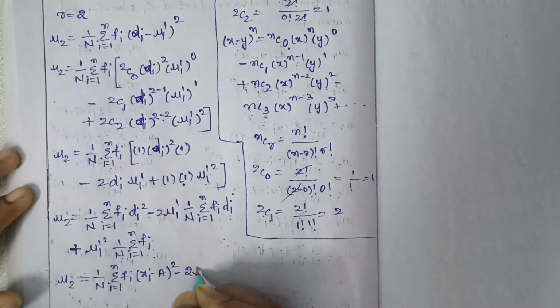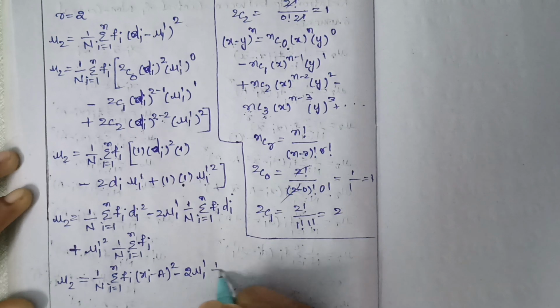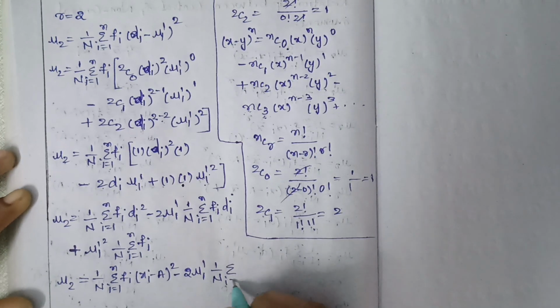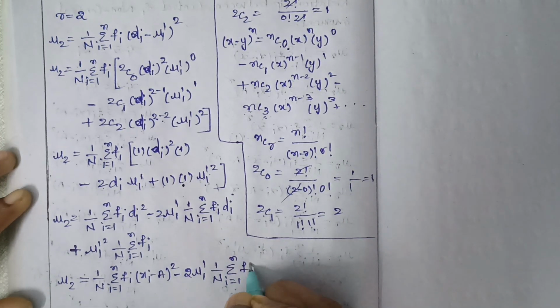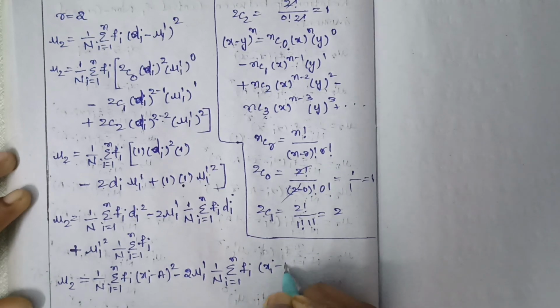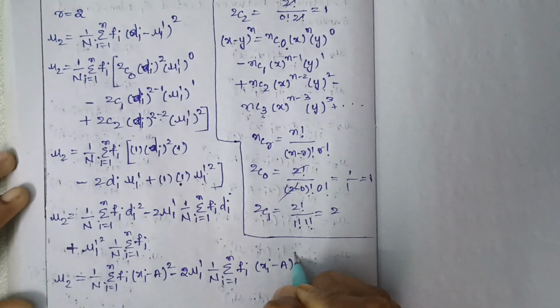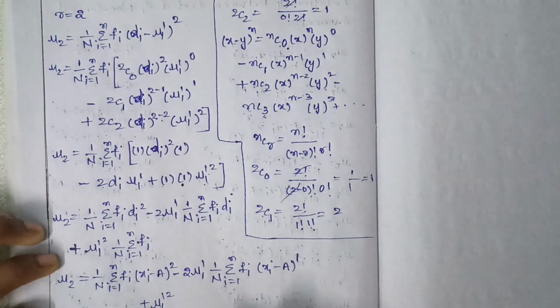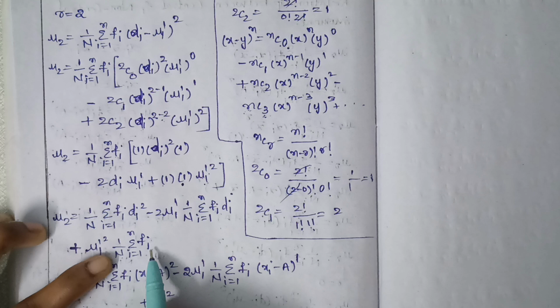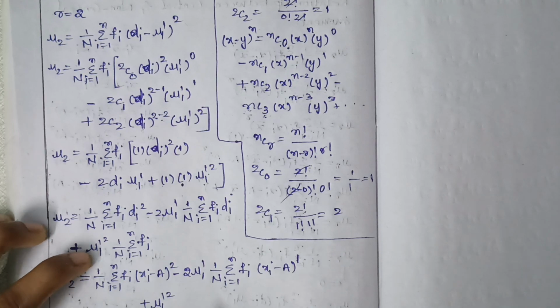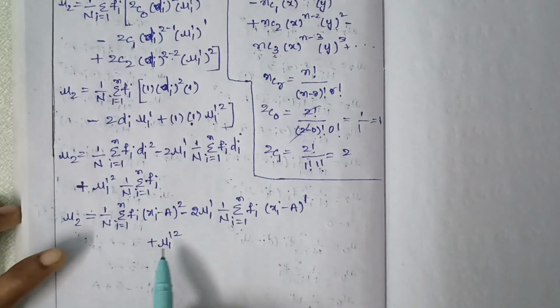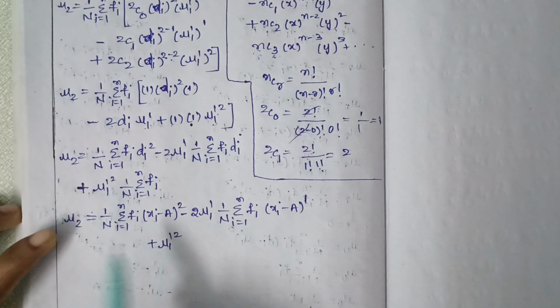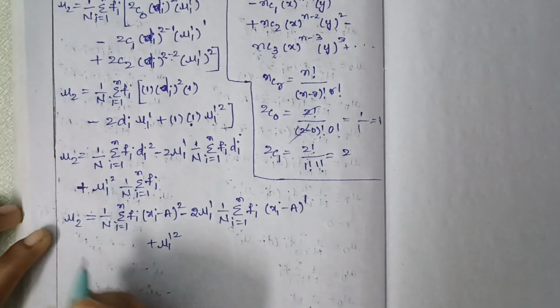Therefore, minus 2 mu 1 dash and 1 by n summation i equals 1 to n fi, and di is (xi minus a) whole to the power of 1, plus mu 1 dash square. Here summation fi is equal to capital N, and we can easily cancel capital N and capital N. We remain with only mu 1 dash square. I have not written this calculation here, I have just written this mu 1 dash square.